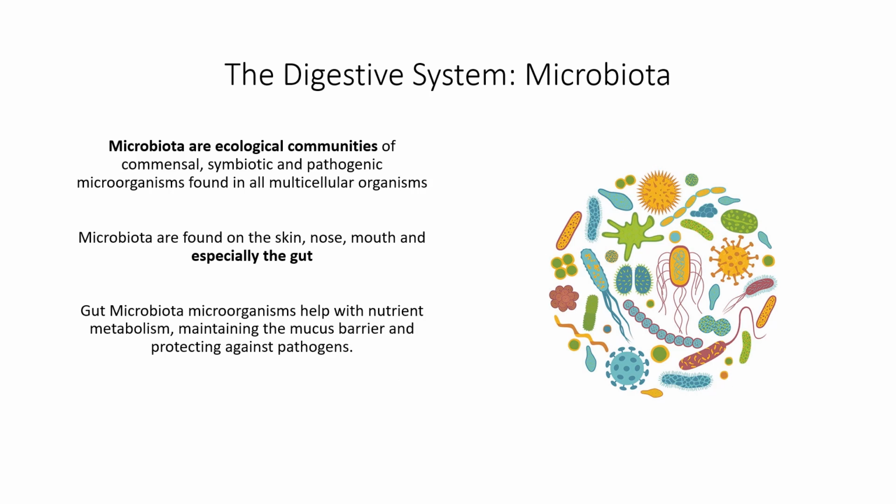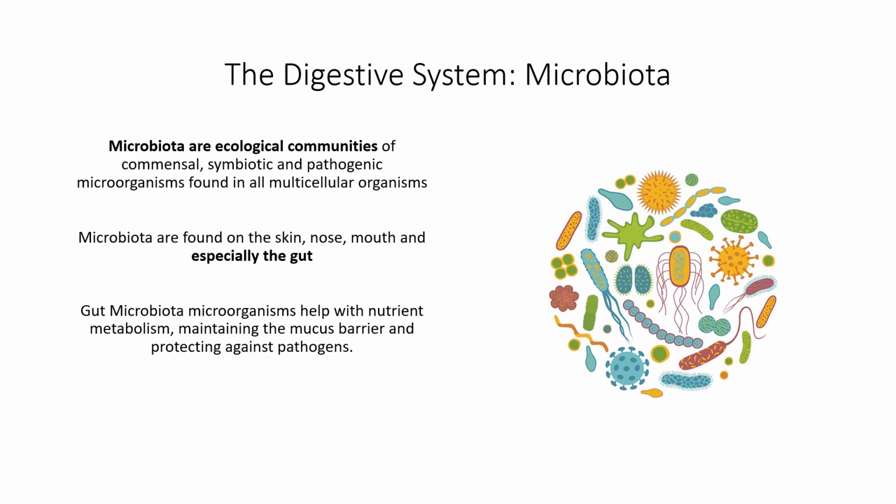The microbiota. So within the body there are ecological communities of commensal, symbiotic and pathogenic microorganisms which are found in all multicellular organisms. As humans, we have a microbiota which is a mix of pathogens, viruses, fungi and bacteria located on the skin, which encompasses the nose and the mouth, the genitals as well, and especially the gut.